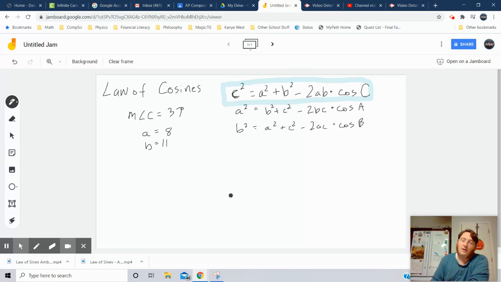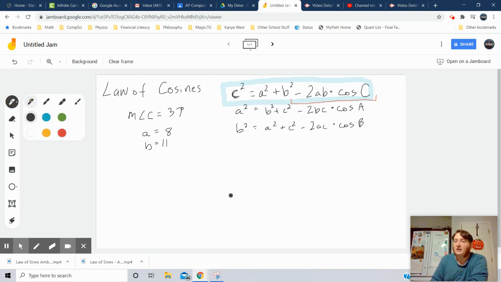There are three versions of law of cosines, but I tried to emphasize to you all to think of it as like the Pythagorean theorem, but with this extra bit that sort of takes care of the fact that it's not actually a right triangle for us.